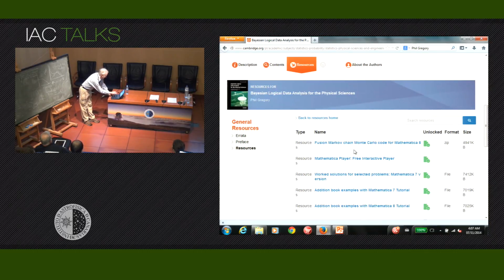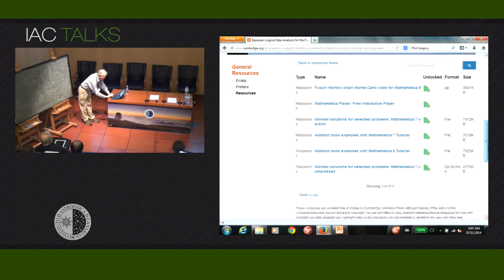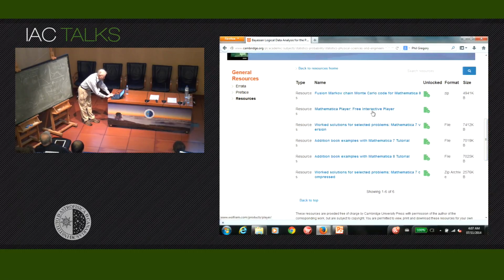Okay, and then there are some other resources here. If you're not a Mathematica user and you want to bring up the code and try it out, there is a free interactive player that you can download. And then there's lots of other resources to do with the textbook itself.